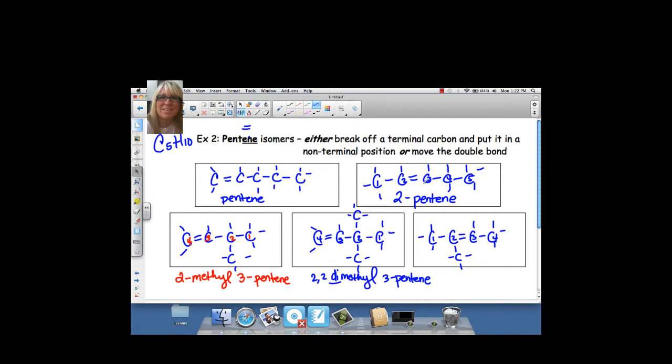So this is going to be 2-methyl, and my double bond is also there, 2-methyl-2-pentene. So that's a little bit about isomers. Got to make sure that you're moving to an interior carbon. You need to make sure that each carbon doesn't have more than 4 bonds, and you have to make sure that you just didn't bend the chain.